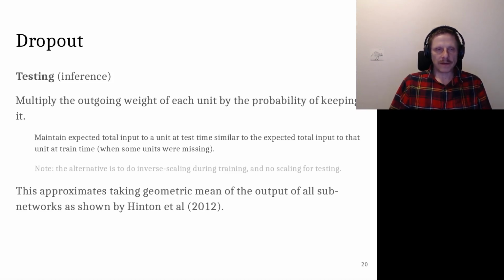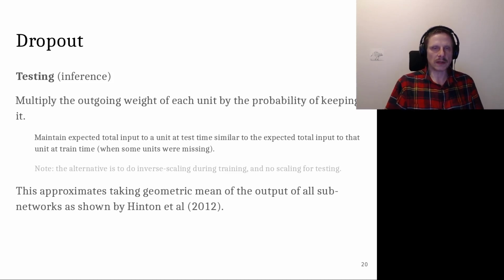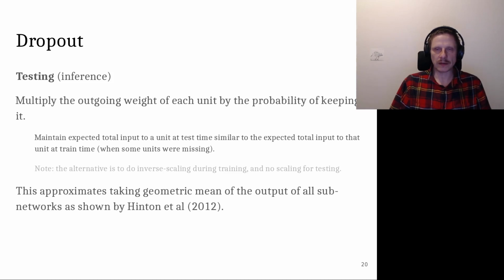This has the effect of maintaining the expected total input to a unit at test time, similar to the expected total input to that unit at train time, when some of the units were missing randomly. We do this adjustment so that there is no mismatch between the values the network sees during training and testing.